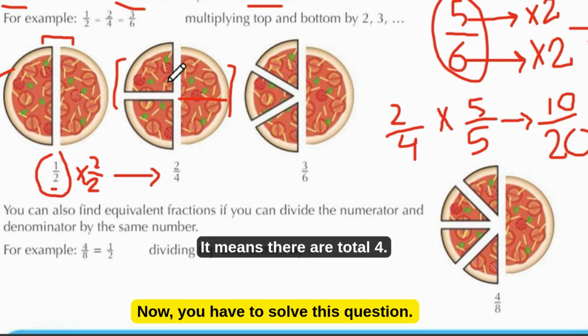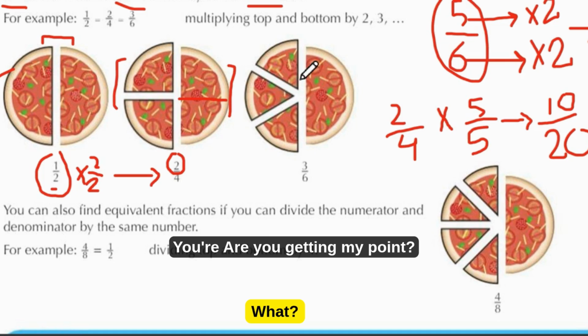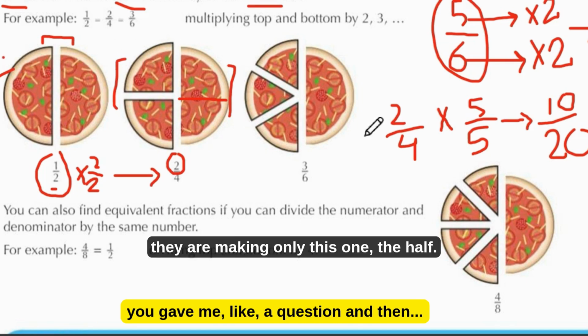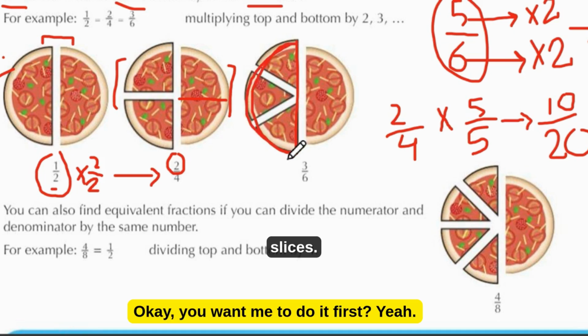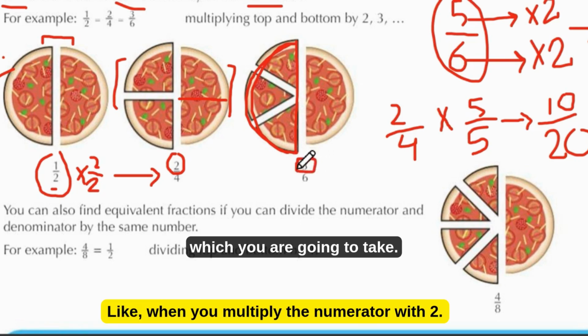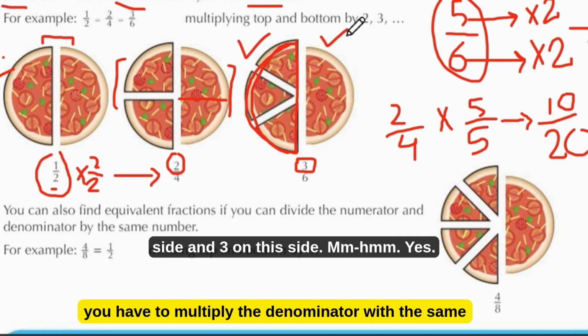So it means there are a total of 4 and you are only taking 2. Are you getting my point? Okay, let's move toward the next one. Again, they are making only this one, the half. They are dividing the half into 3 slices, right? And this will be 3, which you are going to take, and the total is 6 because 3 on this side and 3 on this side. Do you understand?